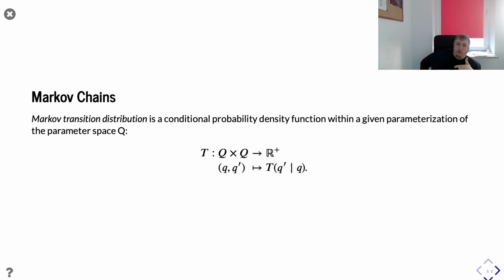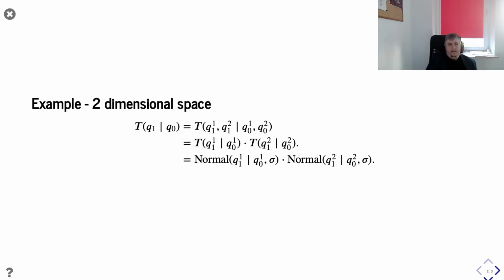They assign a certain probability that is conditional on the value of the point that we are now in. So a Markov chain is a method of wandering around a certain multidimensional space with a certain probability of moving into certain points. The simplest example would be in a two-dimensional space.